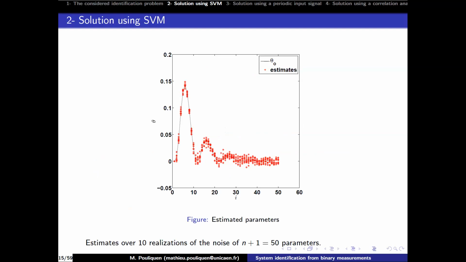In black, the real impulse response, and in red, I try 10 realizations of the noise. You can see a very small variance, and a priori the bias is low. There is no bias. Just an illustration.